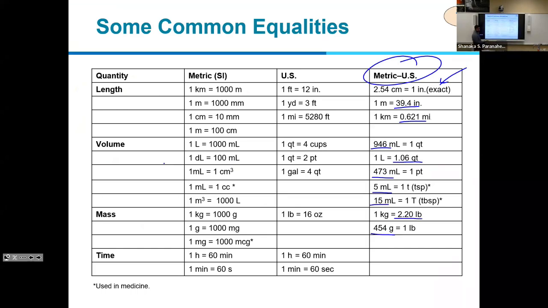One is the reference value, the other side is the measured value, so one is always exact. But if you're going to pick your equation from one of these two columns, you're not going to count significant figures because these are definitions. So these are exact values. Don't count significant figures on this equation, but you need to count them on the last column. Does that make sense? Or do you want me to explain it again?